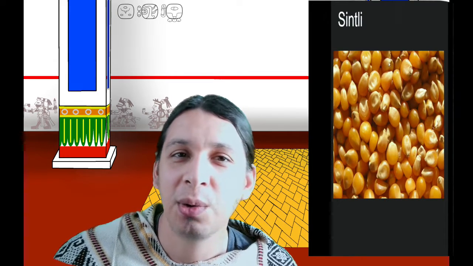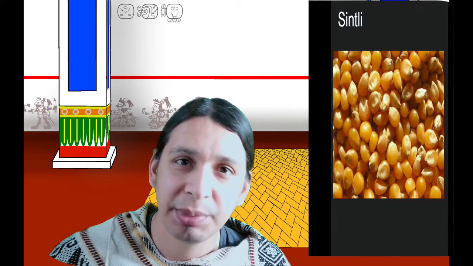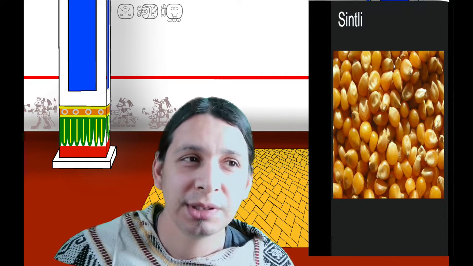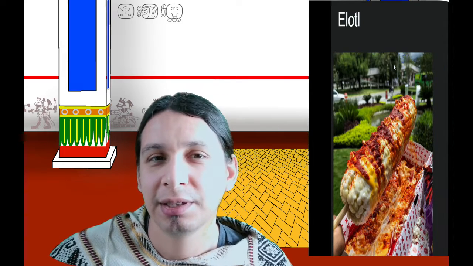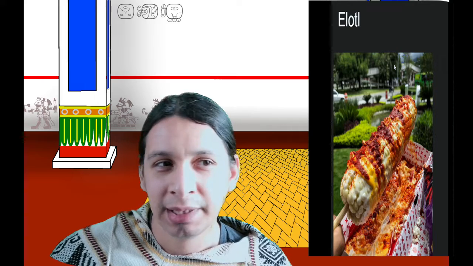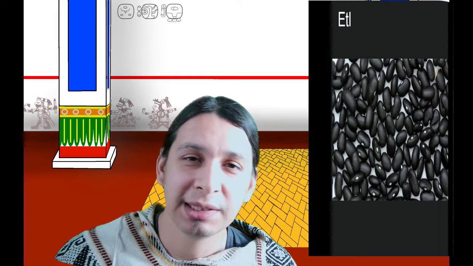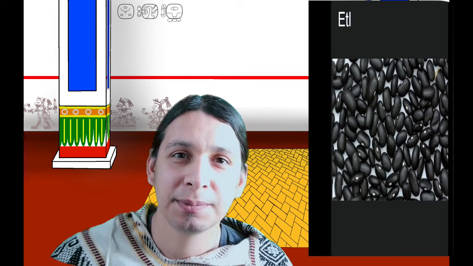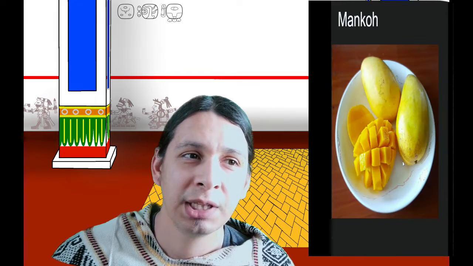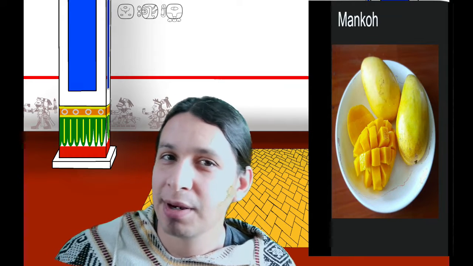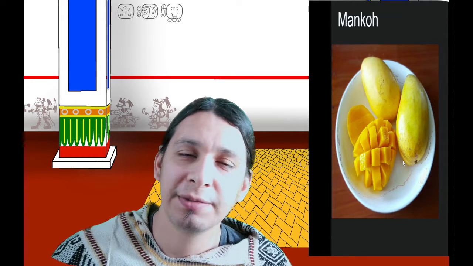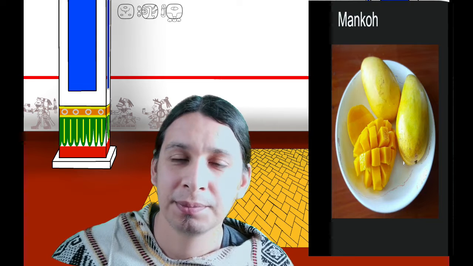Sintli, corn, especially the hard little pieces, the kernels. Elotl, especially the green type. Etl, beans. Mango. This is a borrowing since mangoes are not originally from here.